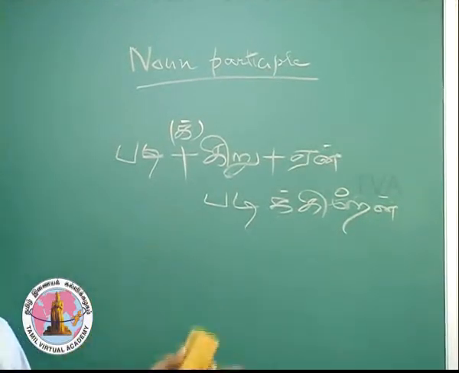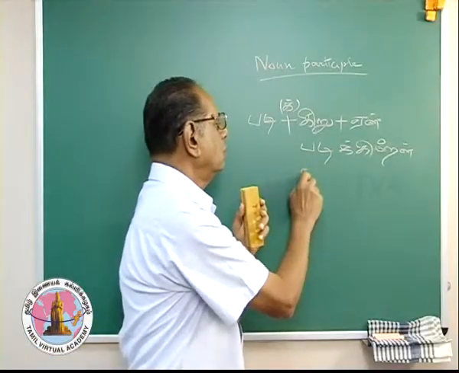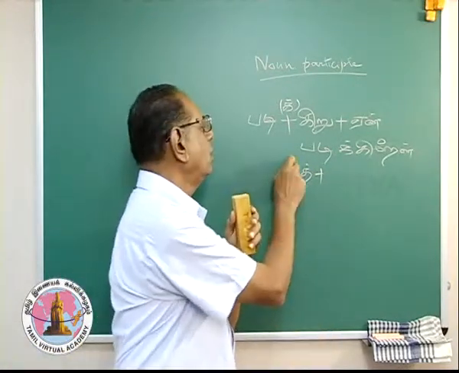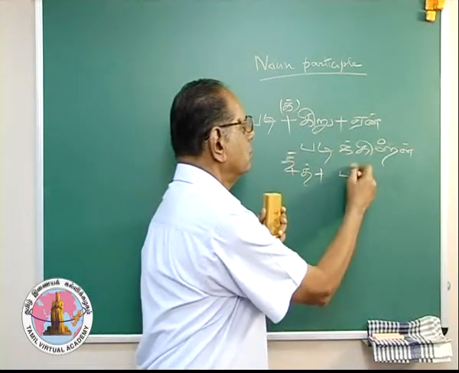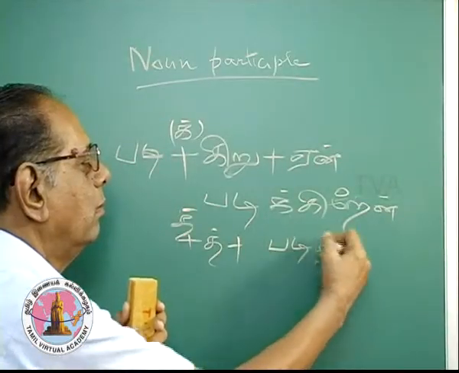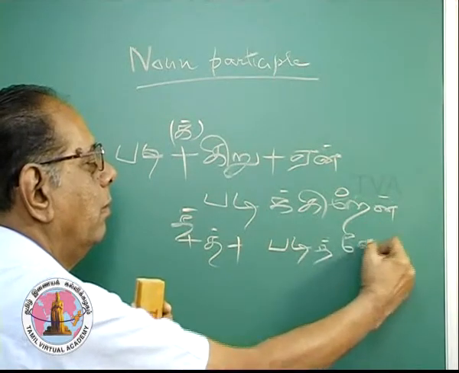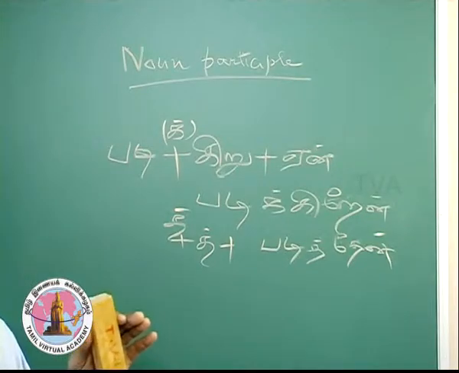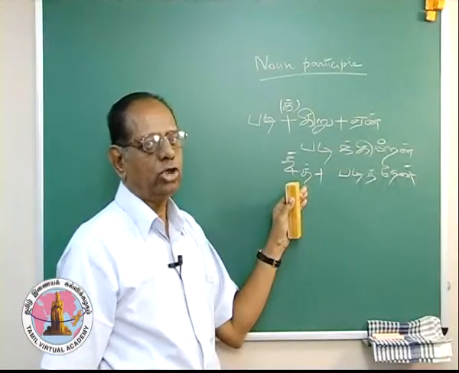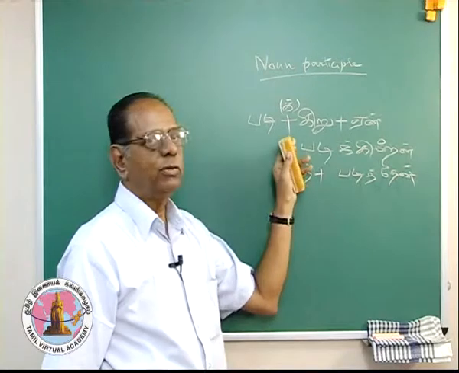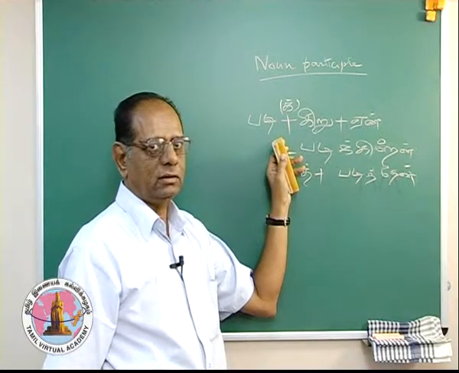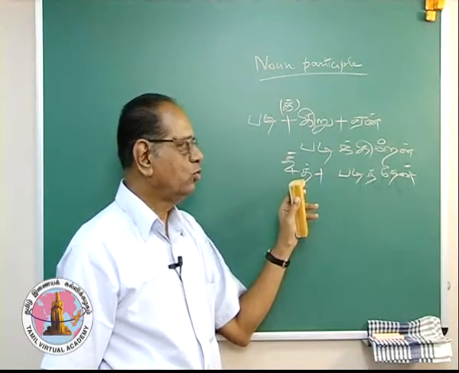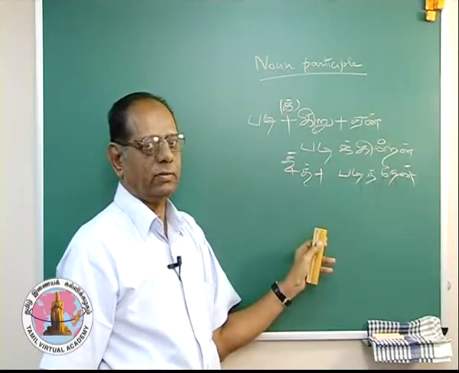So also in the past tense, it took the tense marker and it got doubled. Padite. We arrived at a conclusion that whichever verb undergoes a change in the present tense will automatically undergo a change in the past tense. So also in the future tense.